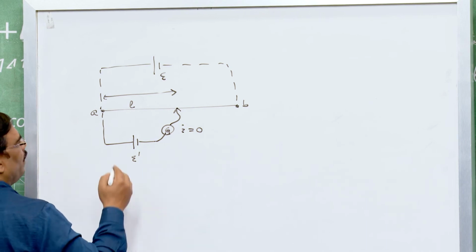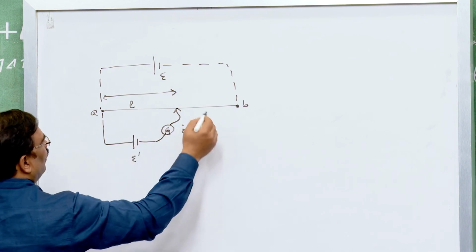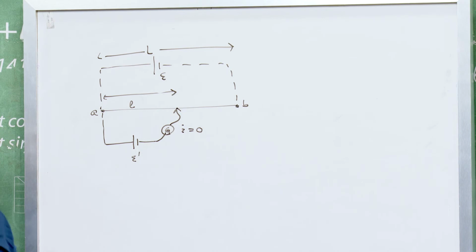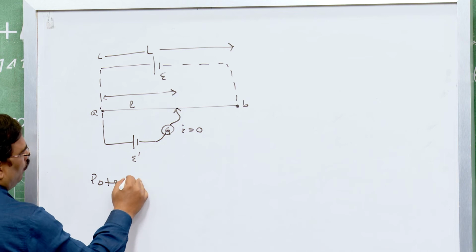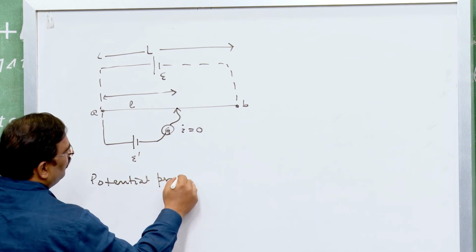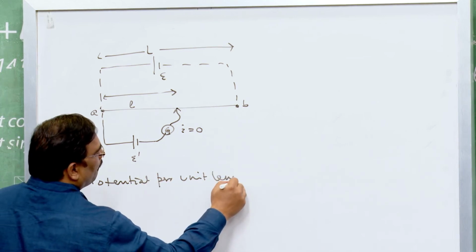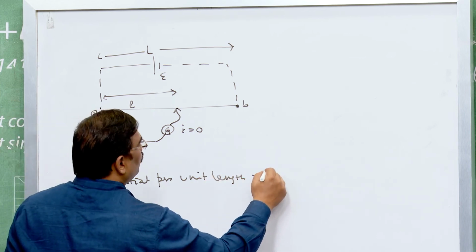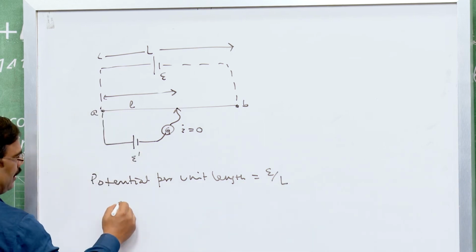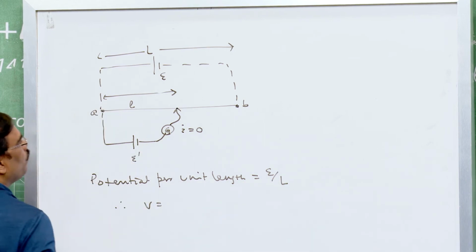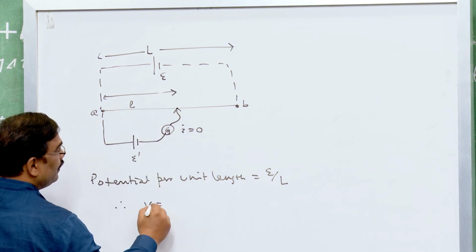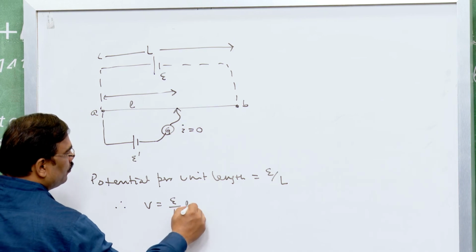So, therefore, if this is my E and capital L is the length of the potentiometer wire, then the potential per unit length, or we can say the specific potential, is equal to E by L. So, therefore, V, the voltage across this small length l, is E by L into small l.